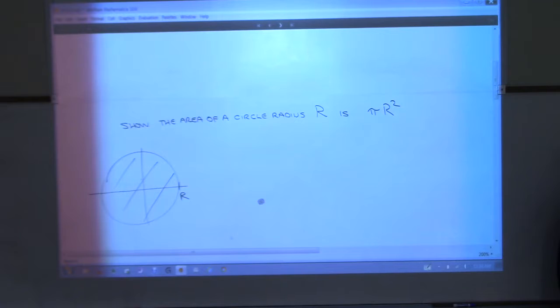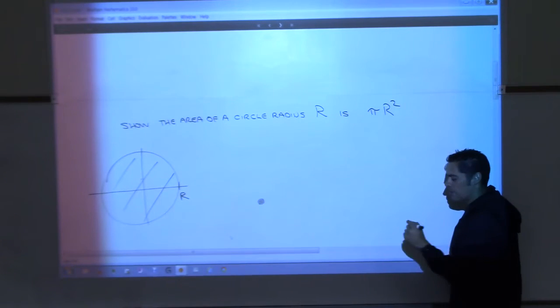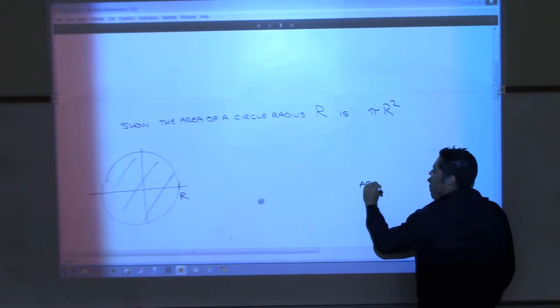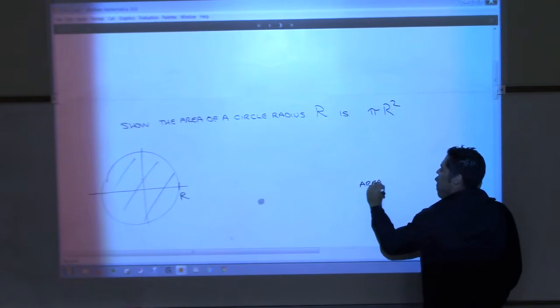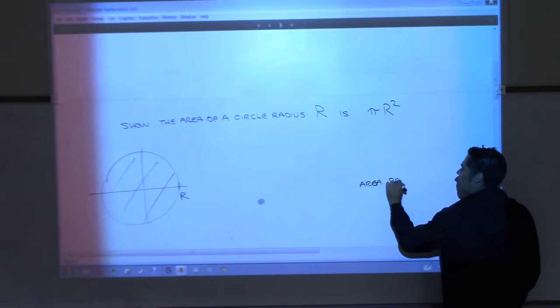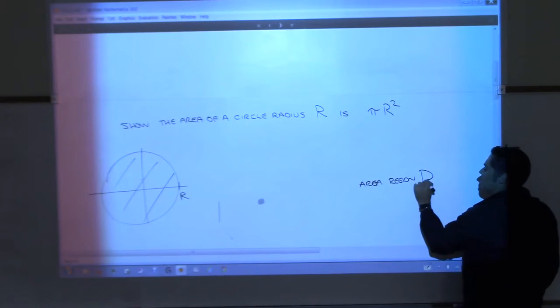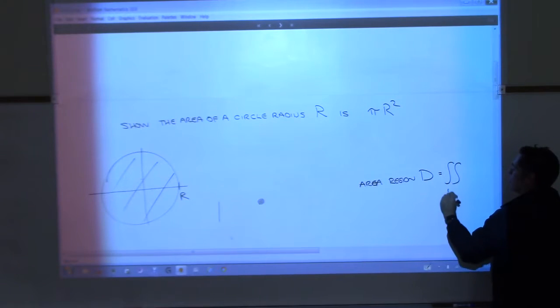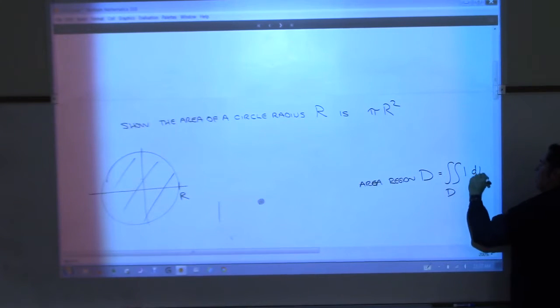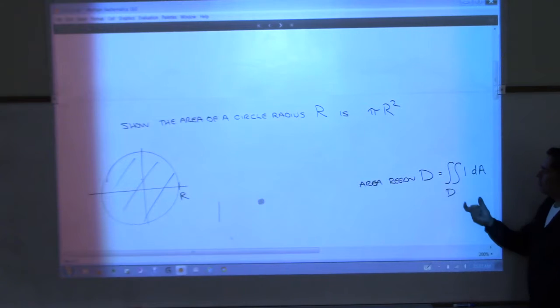Is that what you were saying? Something like that? Yeah, we said from last class, this was the thing I was supposed to whip you all over the head about. The area of a region, I'm going to call it D so you don't confuse it with the radius. Region D is equal to the double integral over D of 1 dA. That was from last class.